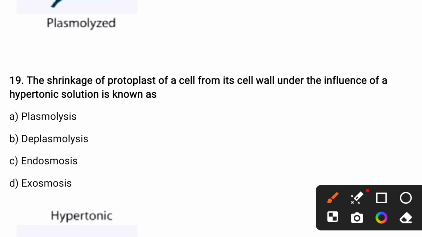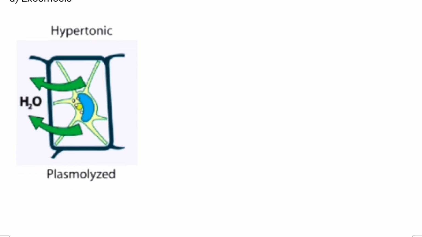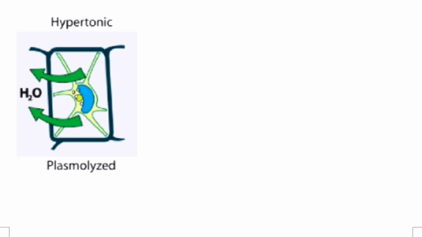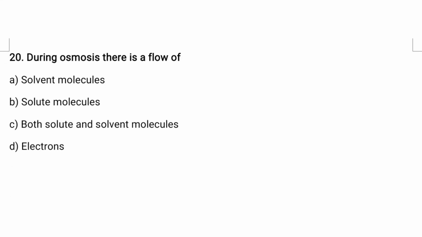Here you can observe the exosmosis. When it is placed in the highly concentrated solution, the shrinking of protoplast occurs, that means water moves out of the cell. That is called plasmolysis.